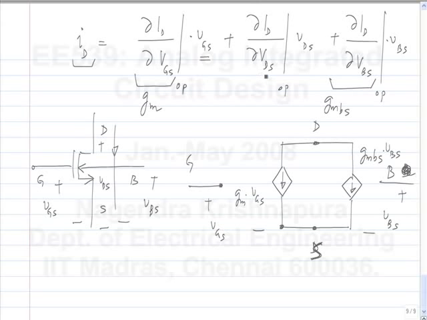Now, the third quantity here is the increment in current between drain and source as related to the increment in voltage between drain and source. So, the voltage increment and current increment are between the same terminals. So, it is a transconductance connected back on itself. It is basically just a conductance, okay.